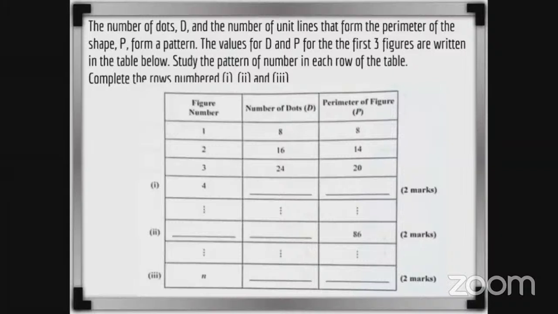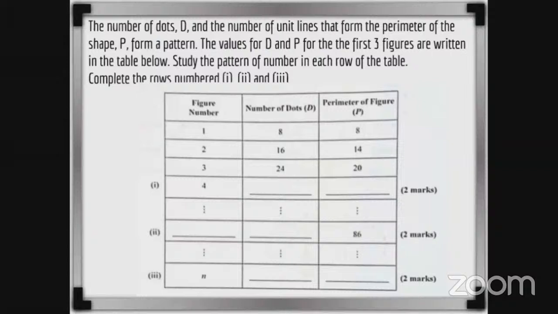Here, the number of dots, indicated by D, and the number of unit lines that form the perimeter of the shape, P, form a pattern. The values of D and P for the first 3 figures are written in the table below. Study the pattern and the numbers in each row of the table. Complete the rows numbered 1, 2, and 3.